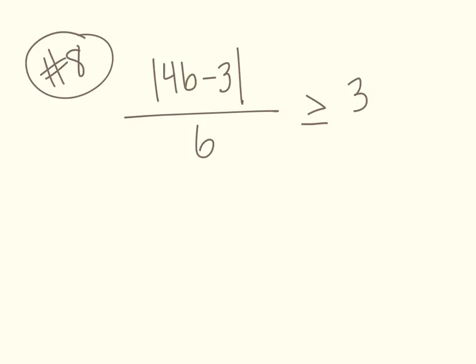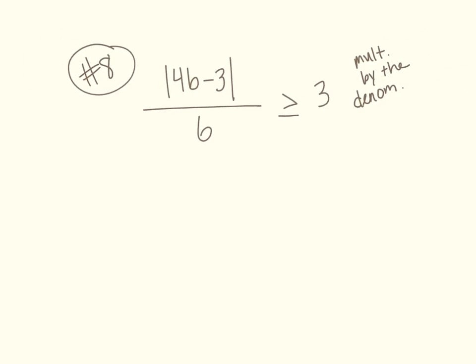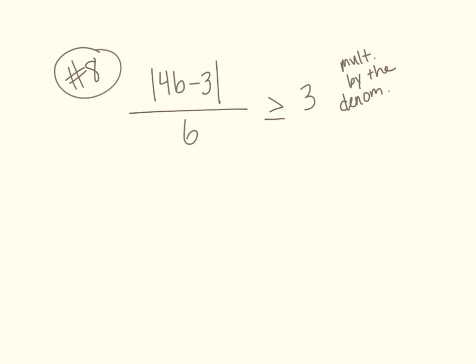So, if you guys are trying to eliminate that part because it's not part of the absolute value, and whenever you're trying to get rid of a fraction, guys, you want to multiply by the denominator. That's just a good note to remember. So if we multiply both sides by 6, the 6's will cancel, and 3 times 6 is 18.